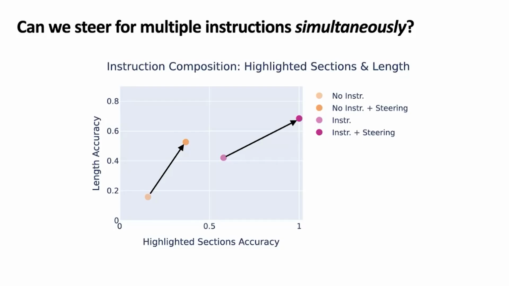And the solid, darker points where the arrows are pointing are the accuracy values after steering. So what we observe is, again, in both settings, with and without instructions in the input, performing steering increases the number of times the model follows the instruction, and this happens for both constraints.